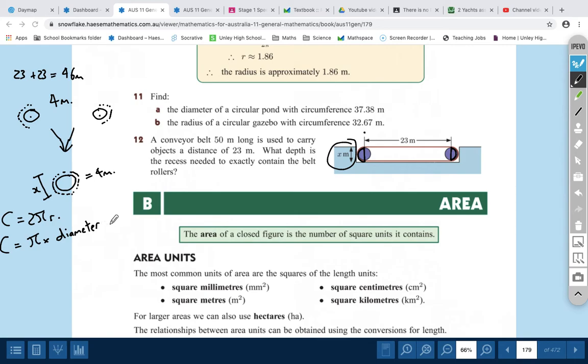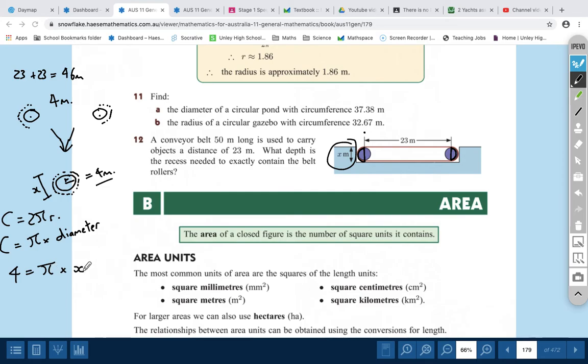I think I'll use that, it's a bit simpler. 2 radiuses make a diameter, so if I've got 2 radiuses, I don't need the 2 there. I've just got pi times diameter, and we know that equals 4. So 4 equals pi times the diameter, which they've called x.